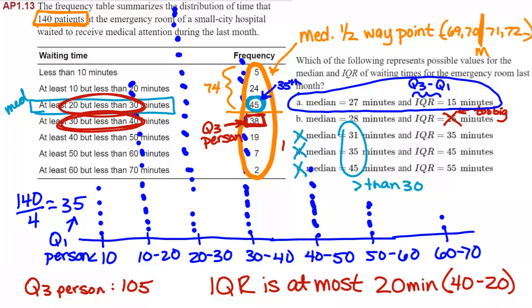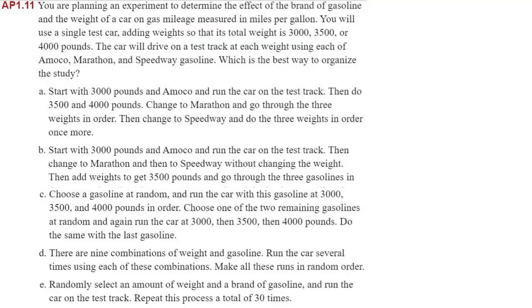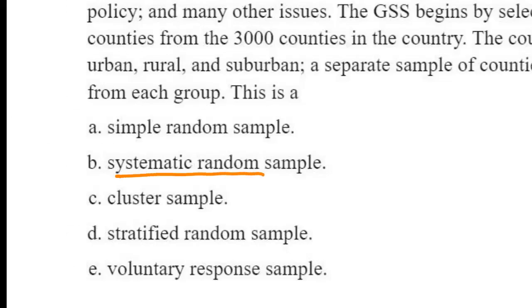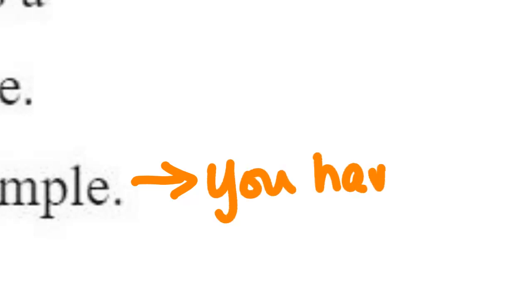For number 10, what's the difference between a systematic random sample and a stratified random sample? So systematic random sample, you have a system for picking the people. Specifically, you have a numeric system.